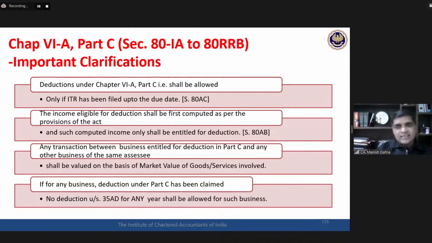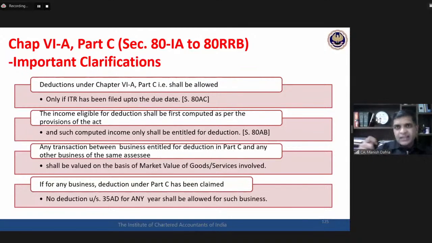The point is this, and that's why we have talked in this manner: whatever salary you have paid in the first year, 90% of that salary would be allowed in 3 equal installments. In the second and third year, whatever happens is immaterial. If a deduction has been generated in the first year, it will be available in the second and third year.